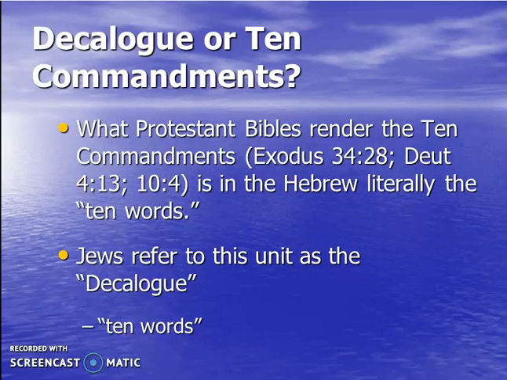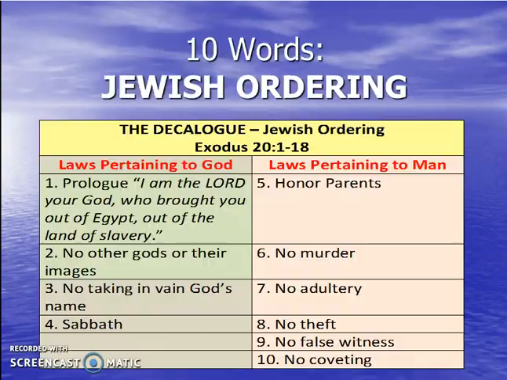Literally, the Hebrew there says the 10 words. Jews, however, have understood this unit to be the Decalogue, the 10 words, and not all the words are commandments in their reckoning. So let's look at the Jewish ordering of the 10 commandments.